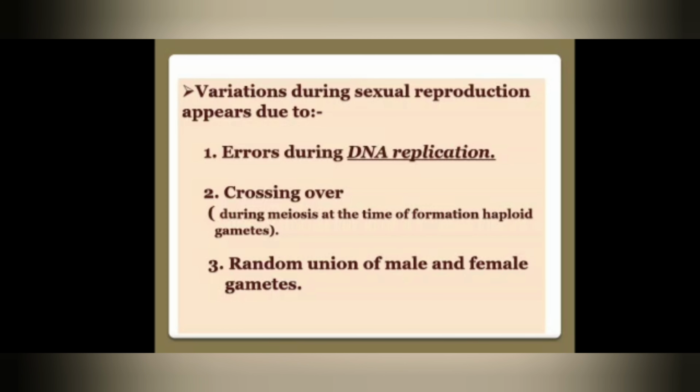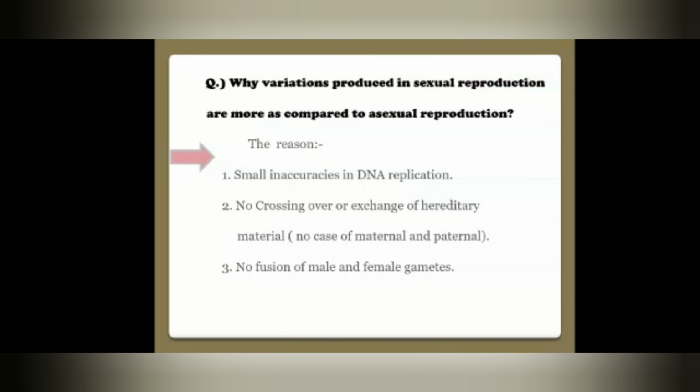Now, there is one more important point in this concept: variations produced during asexual reproduction are much less than the variations produced during sexual reproduction. This can be a very favorite question of the board, obviously asking why.